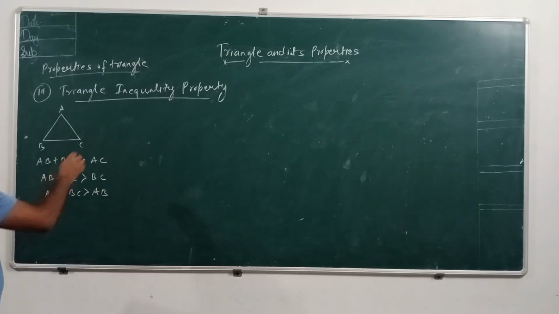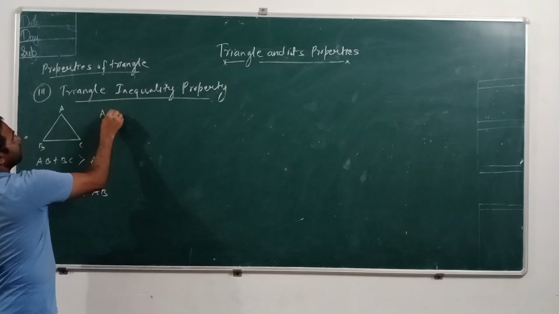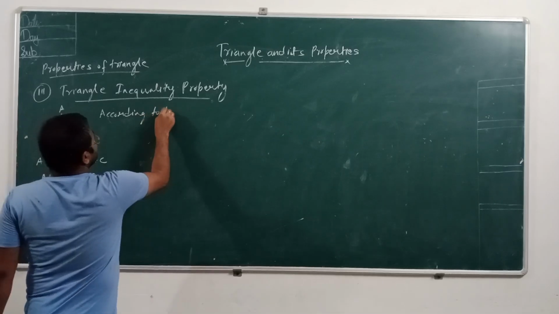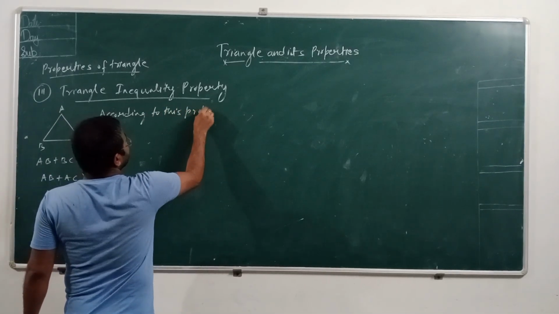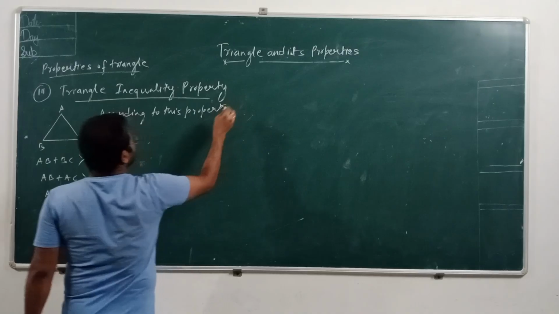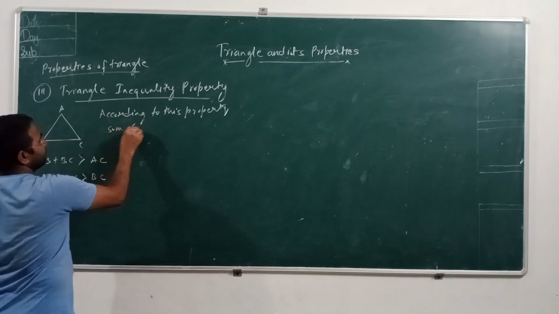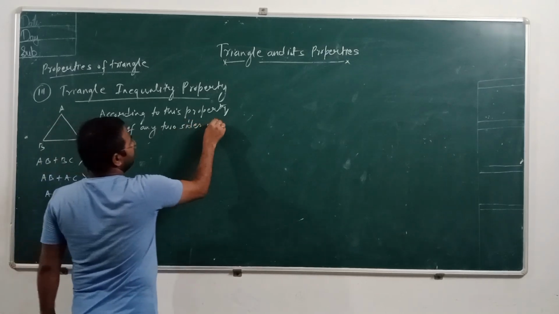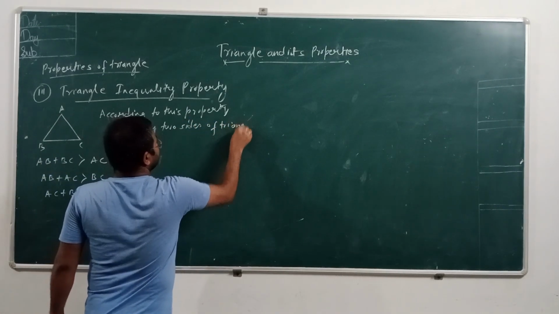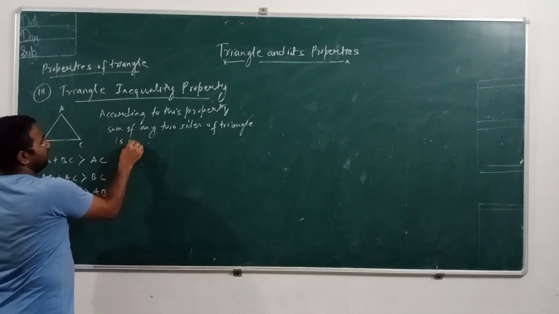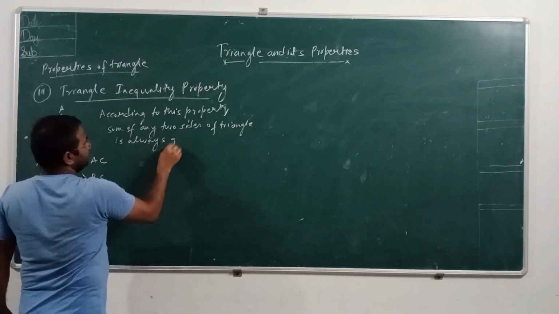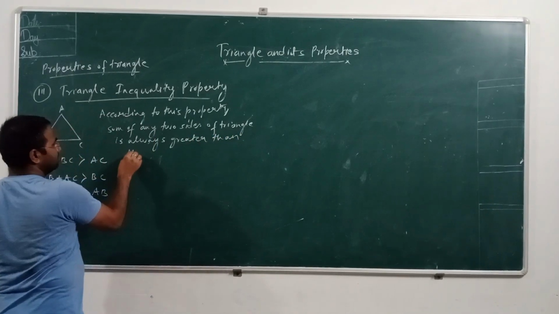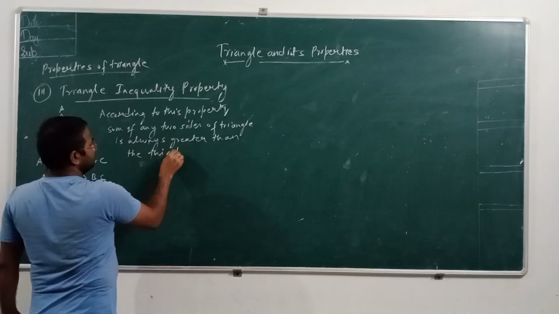Okay. So what you will write according to this property: the sum of any two sides of a triangle is always greater than the third side.